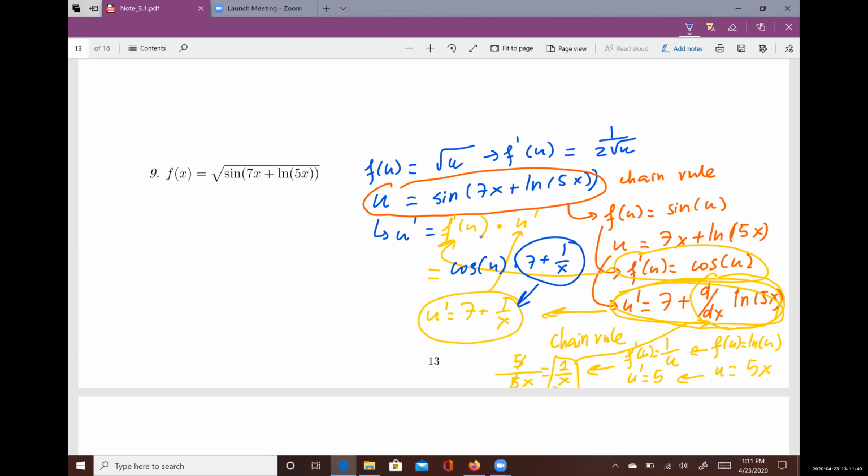So then this u prime here is cosine of u multiplied to 7 plus 1 over x.